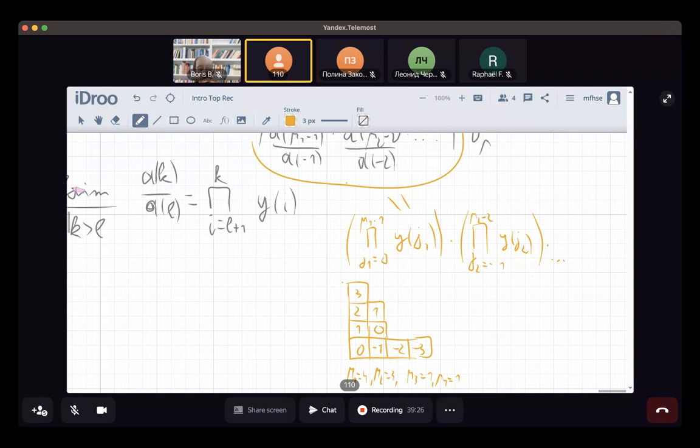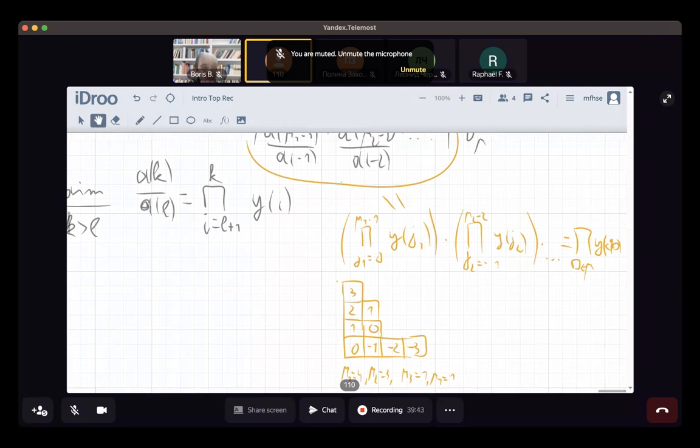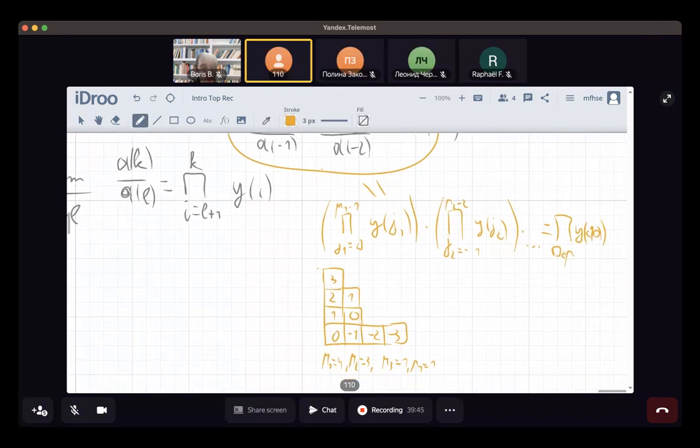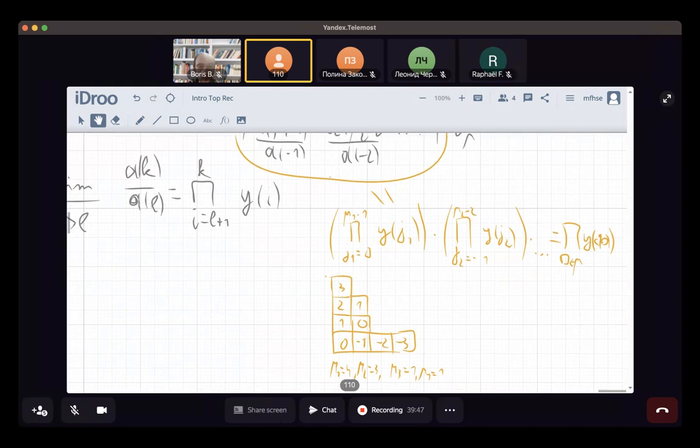And this is correct. This is indeed what I wanted: the product over boxes in mu of y of the content of the box. That's it.